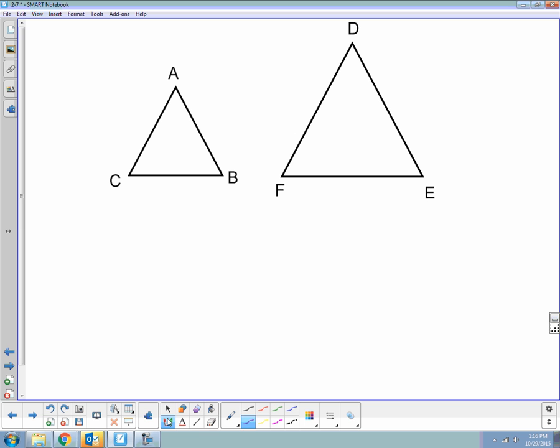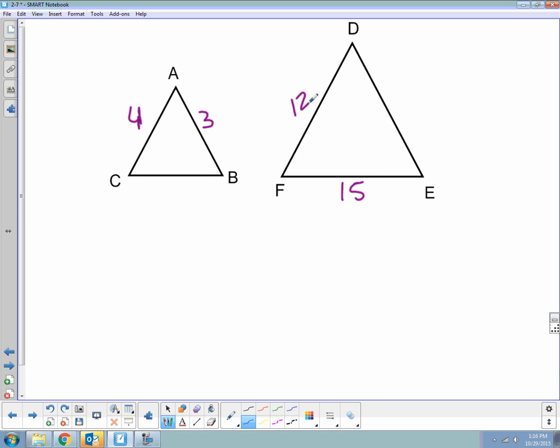So I'm going to just throw some numbers in here. Let's say this side is 4, this side is 3, this side is 15, and this side is 12. Go ahead and write those in.